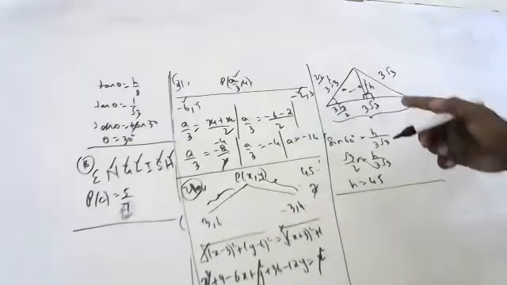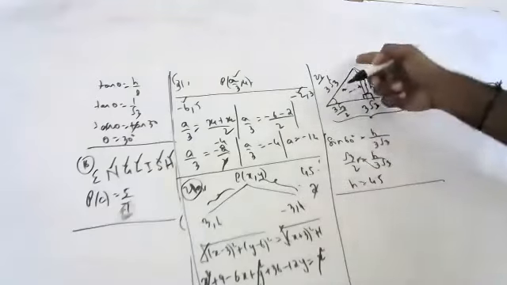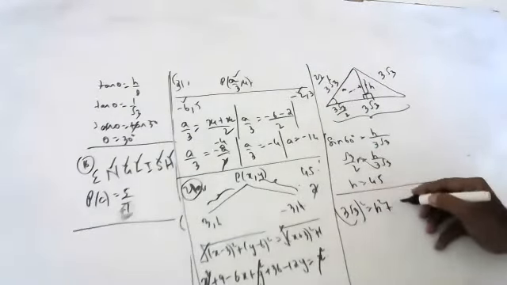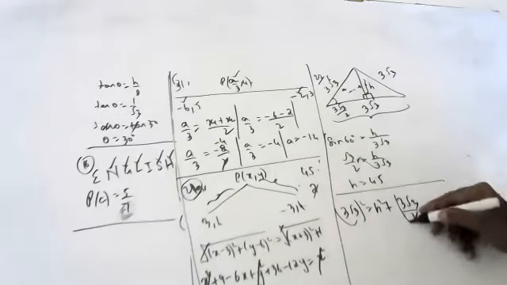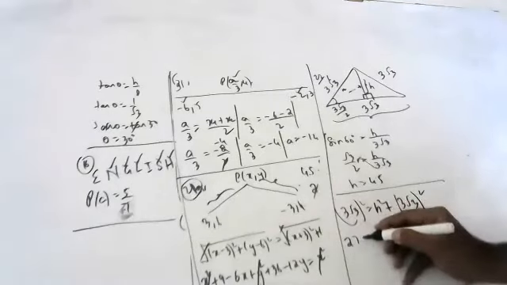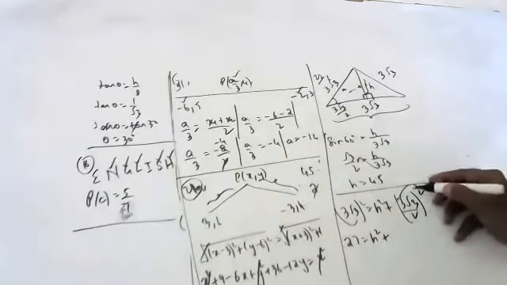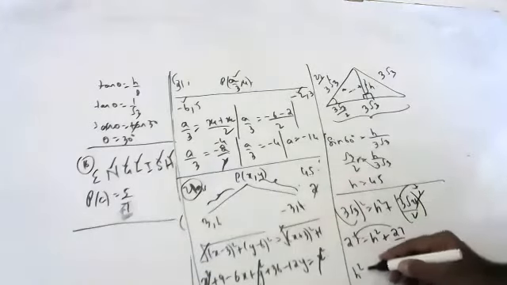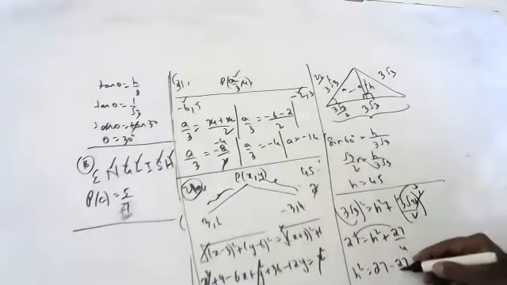Forget about 60 degrees. If you apply Pythagoras theorem, hypotenuse square is equal to h square plus 3 root 3 by 2 whole square. Like this also we can do. 3 3s are 9, 9 3s are 27, by 4. This comes here, children. So h square is equal to 27 minus 27 by 4.